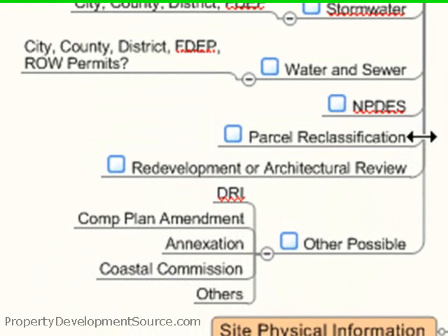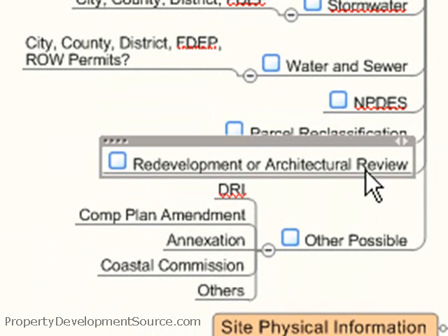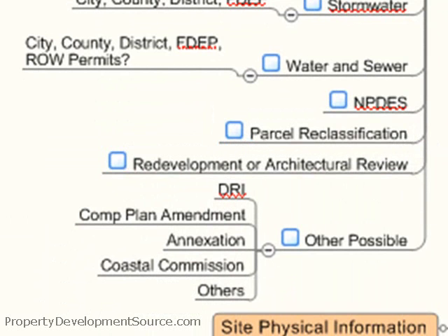Parcel reclassification, if you're going to change zoning or maybe annex or do other things, you need to be aware of the process that's involved with that, and we lay that out. And then if you're in a redevelopment district or an architectural review board has some quasi-judicial overview of your site, you need to be aware of that and know what kind of steps you're going to need to take to get through permitting.